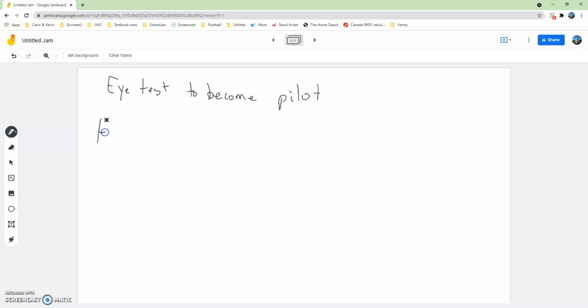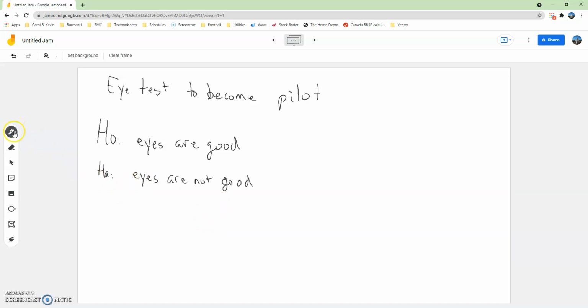So basically we start off with the statement, the belief, that your eyes are good. The alternate hypothesis, basically what we can prove, is the eyes are not good. Of course, if the eyes aren't good, we don't want that person flying an airplane.